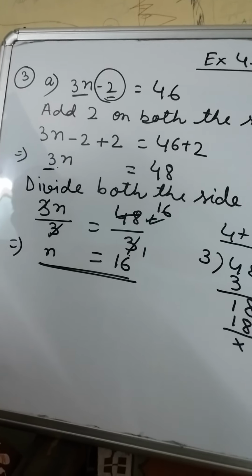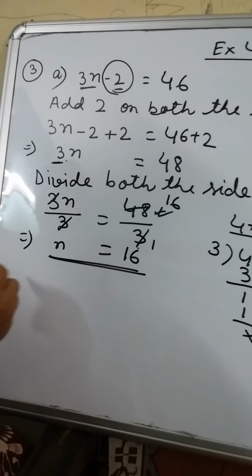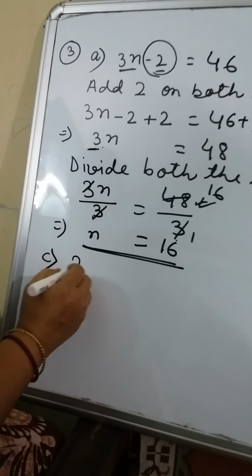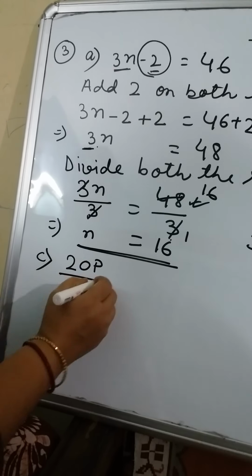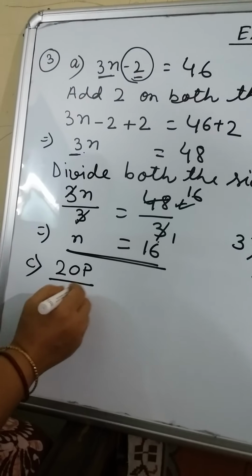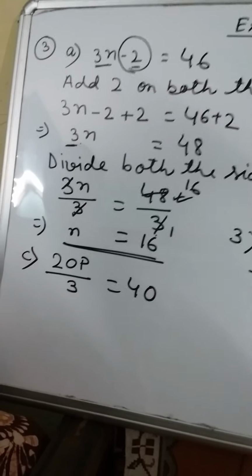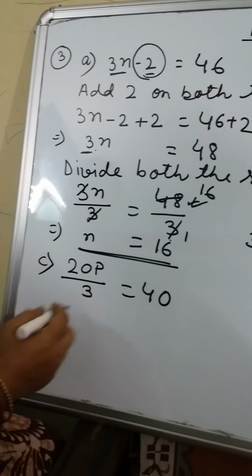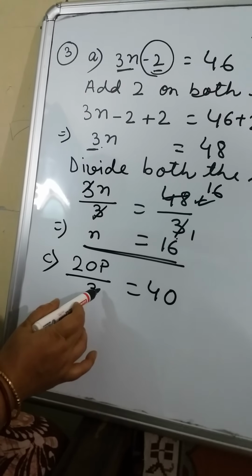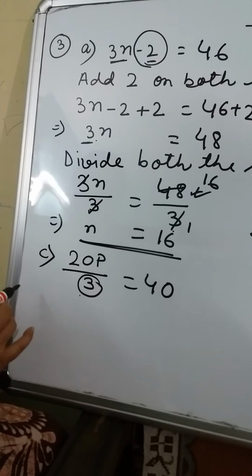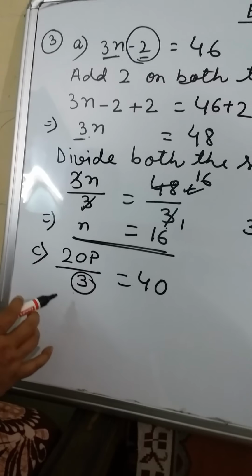Next I will discuss question number C. It is 20p by 3 equals 40. Now first I have to remove this 3, and here it is division. So what I have to do?